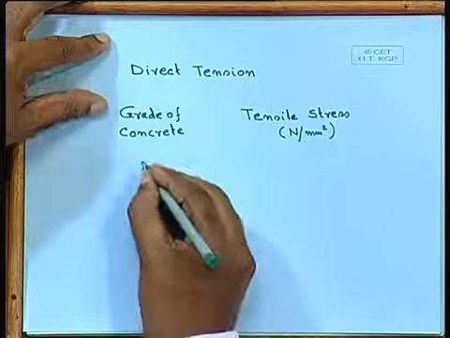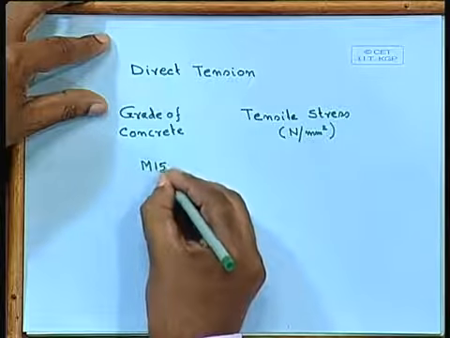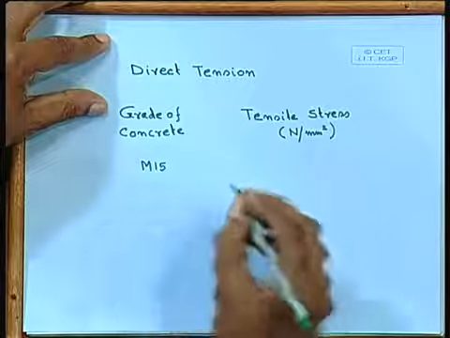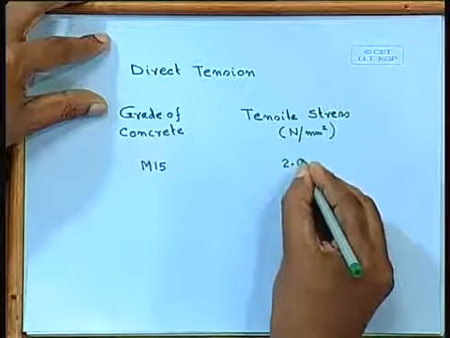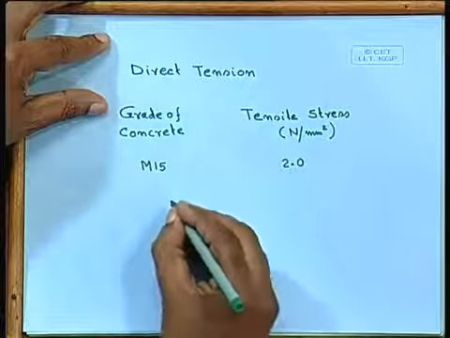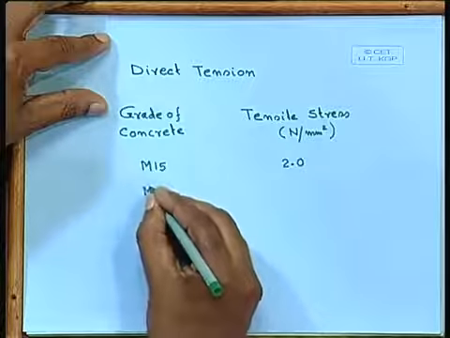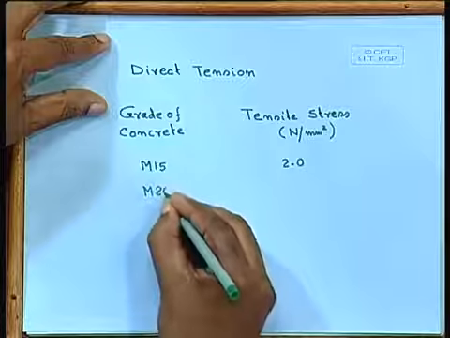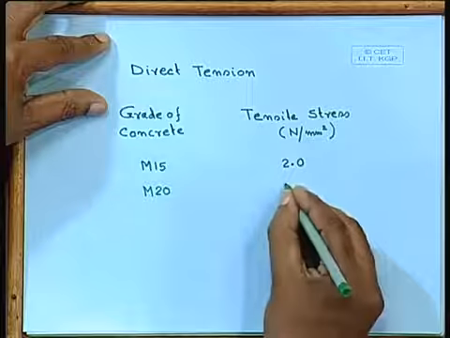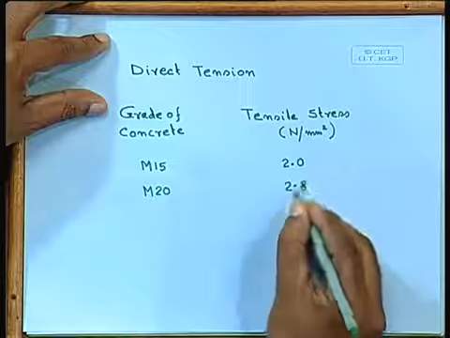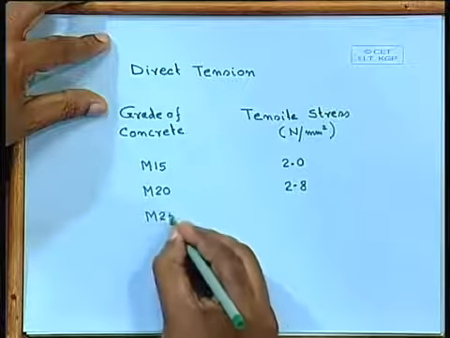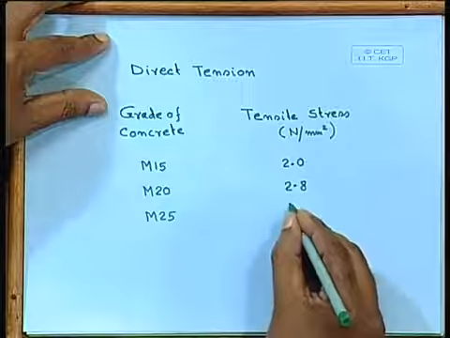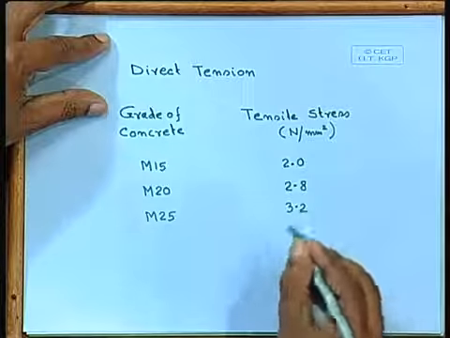we have M15, though we do not use it, and the permissible stress is 2.0 Newton per square millimeter. M20, 2.8. M25, 3.2.